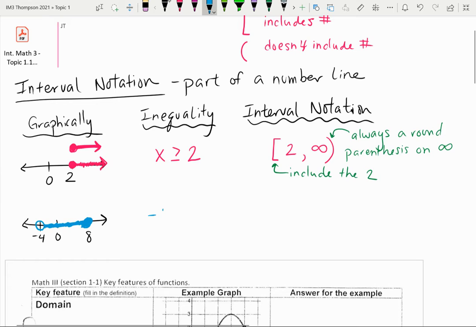As an inequality, I would write that x is the numbers between -4 and 8. -4 is an open circle, so it's going to be less than, not "or equal to," because it doesn't include that number. 8 is a closed circle, so this will be "or equal to."